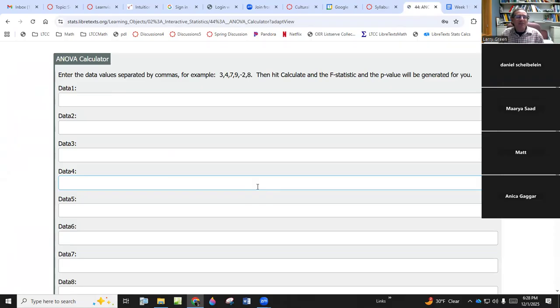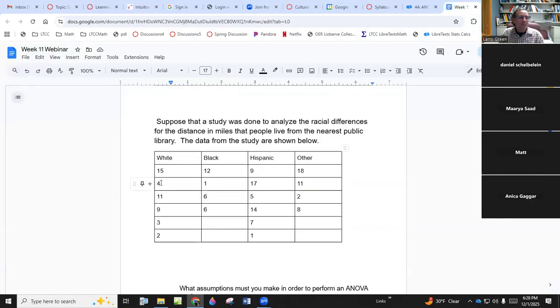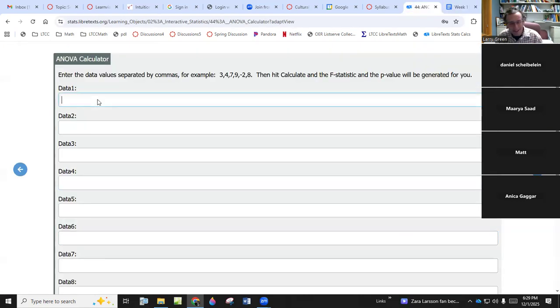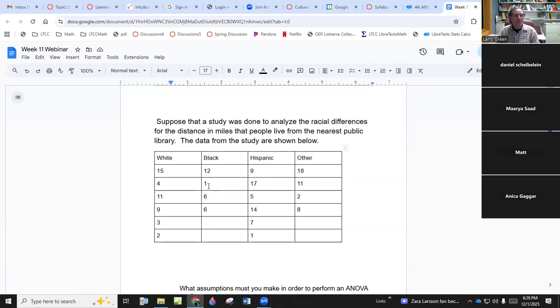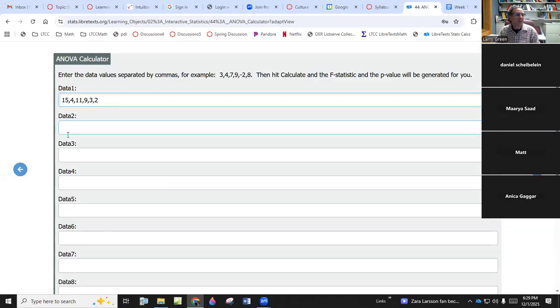Okay, and the way I coded this is data one, data two, data three, data four, data five, etc. So data one will be 15, 4, 11, 9, 3, 2. And then data 2 will be 12, 1, 6, 6.